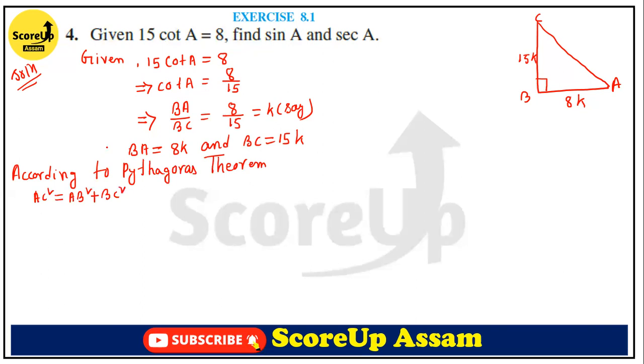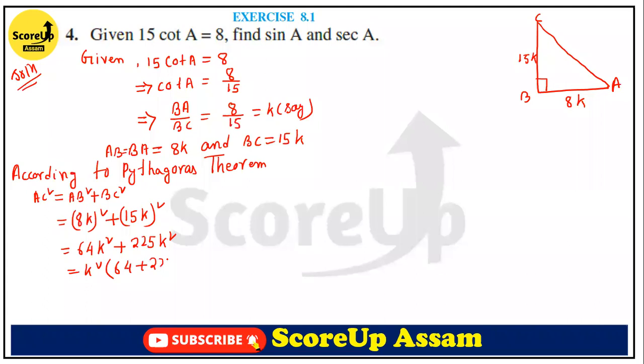BA is equal to AB, no problem. So the value of AB is 8K whole square, and the value of BC is 15K whole square. So 8K squared means 64K square, plus 225K square. Now K square is common. If we add 64 plus 225, what will you get?